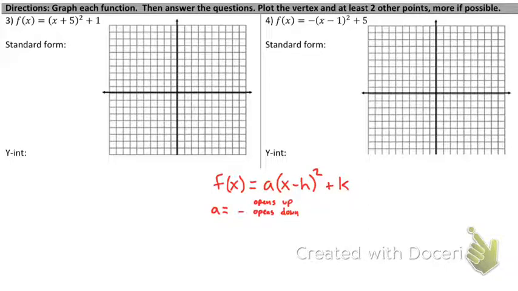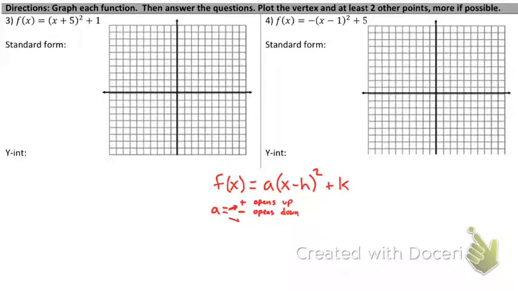Okay, we'll have a negative A value. If it opens up, it's a positive A value. All right, so that's the first thing. We saw this in standard form from before. Okay, what else does the A value control? All right, so that's one thing it controls.